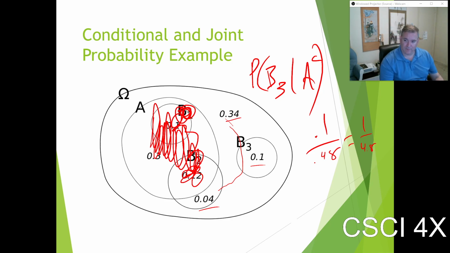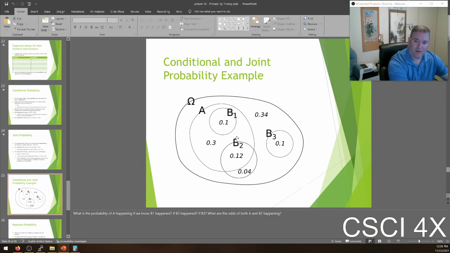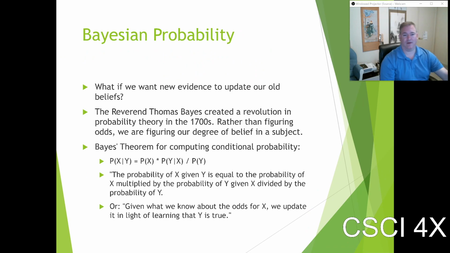All right, so we'll do some quiz questions on that or something. And now we're going to get to the big thing, which is Bayesian probability. So Bayesian probability is a huge deal. It is a different way of almost thinking of probability.